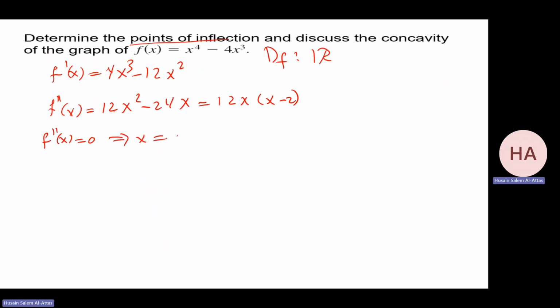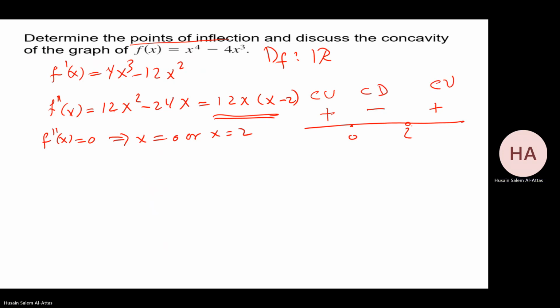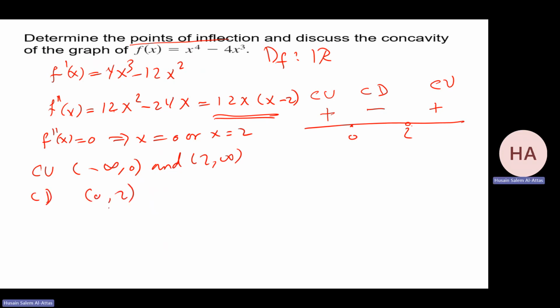That implies x equals 0 or x equals 2. So I'll put the number line, 0, 2. I'm going to check the sign of this function. So before 0, take minus 1. It will be negative, negative. That will be positive. Take 1, it will be negative. After 2 it will be positive. So it's concave up, concave down, concave up. Concave up from minus infinity to 0, and from 2 to infinity. Concave down, 0 to 2.